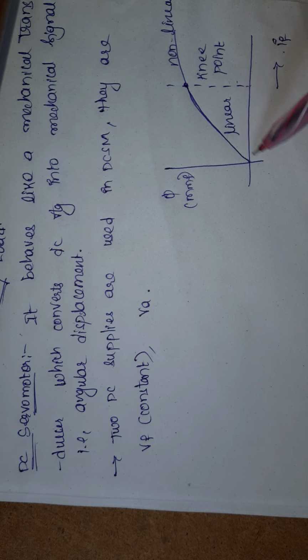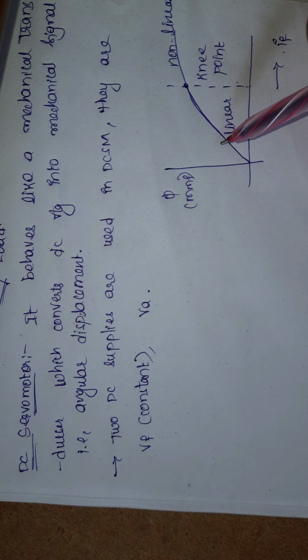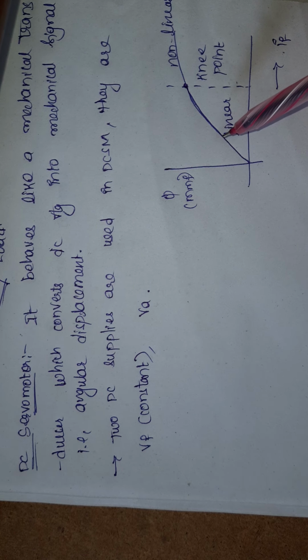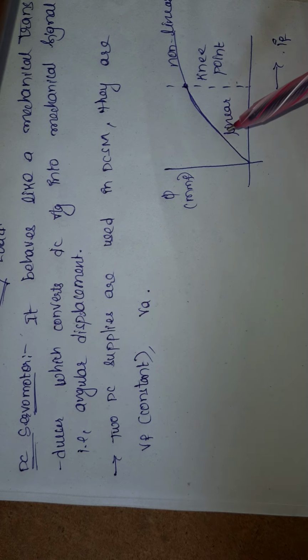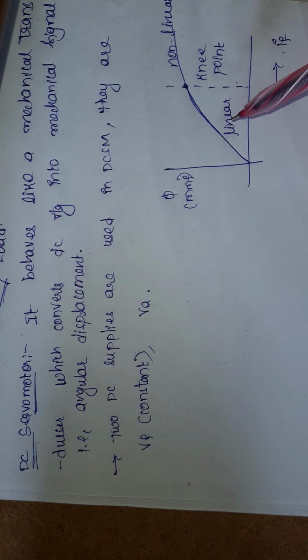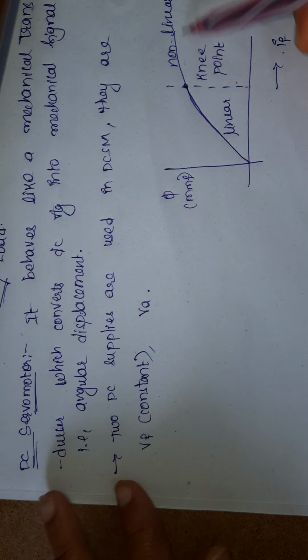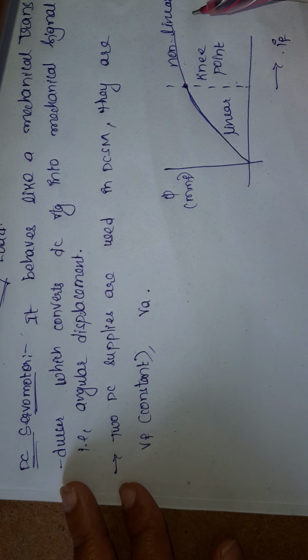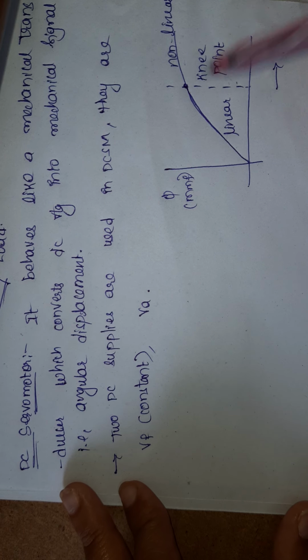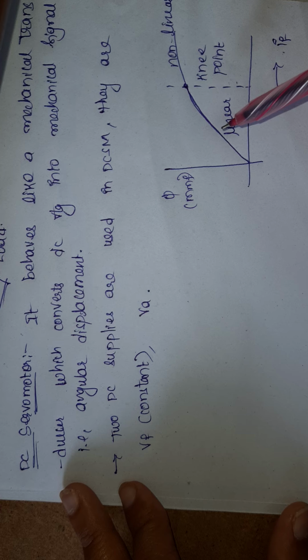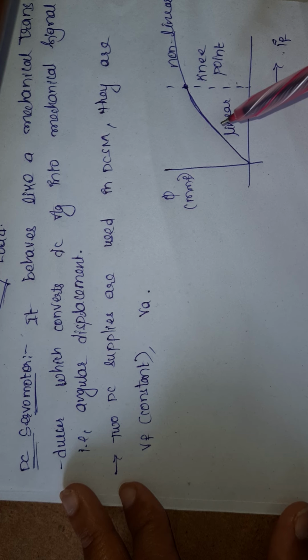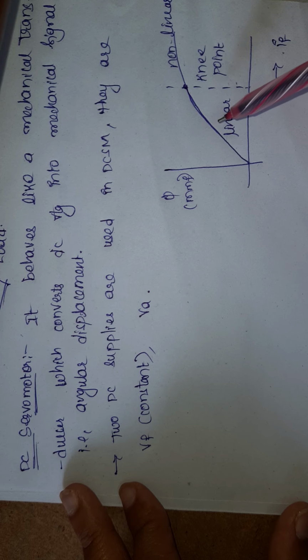So in the linear region, IF is directly proportional to phi. Beyond the knee point, the magnetic core goes to saturation region. So here more changes in IF give less changes in MMF. This makes our armature control DC servo motor less sensitive to the field current IF.